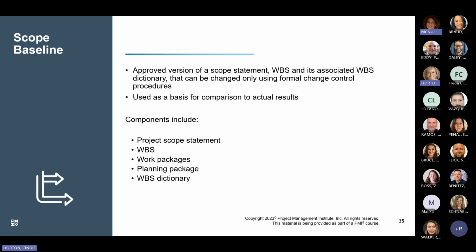The scope baseline, along with the schedule and the cost baselines, become part of the overall project management plan. Even though we do a preliminary scope baseline, until the schedule and the cost baselines are completed and integrated, changes may be needed to the scope to meet those other constraints. Once all these baselines have been completed, they are simultaneously baselined and then can only be amended using the change control process.